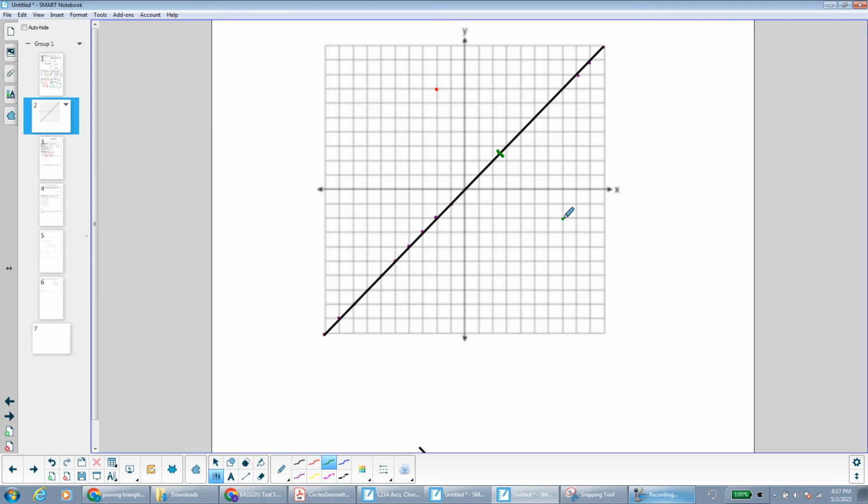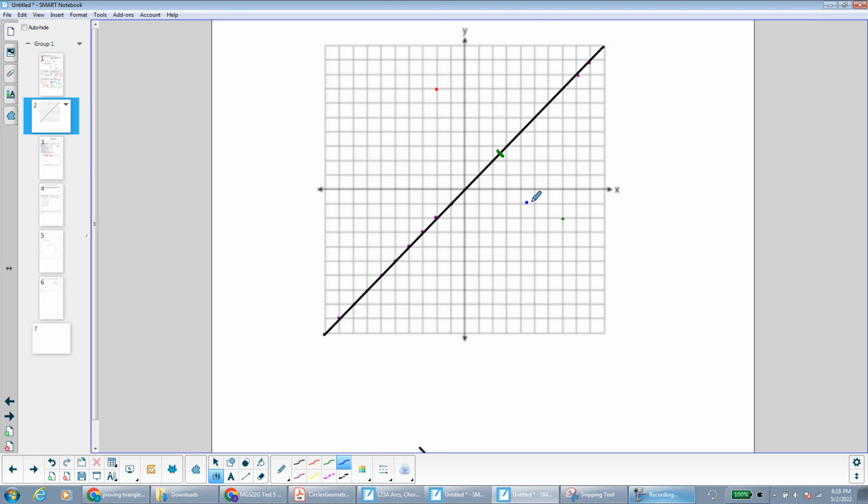Now we need to dilate by a scale factor of 2 centered at the origin. So what I want to do first is see how far this point is from the origin, and then I'm going to double that distance. The thing is, it's going to come off of my graph, but I can tell you what you would do if you did have a bigger graph. So counting from the origin to this point, I have 1, 2, 3, 4, 5, 6, 7 to the right and 2 down.